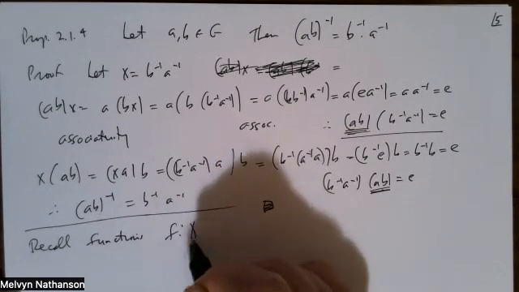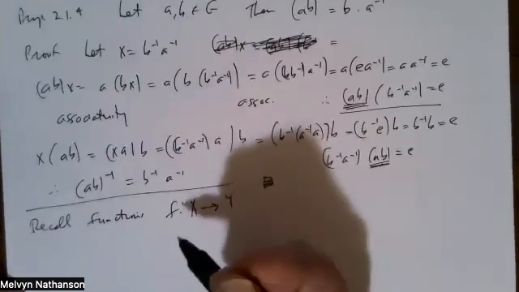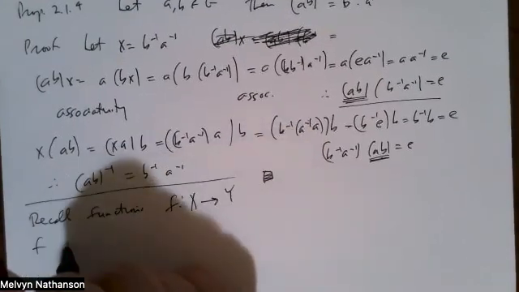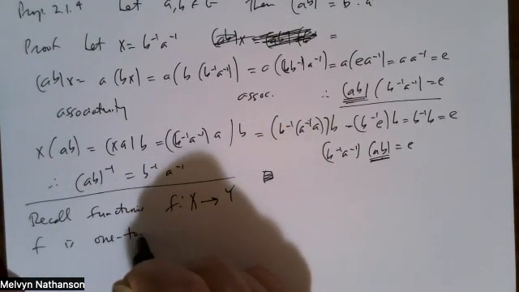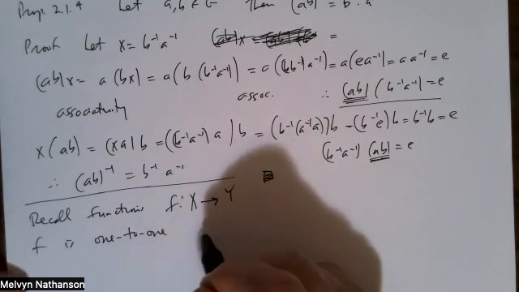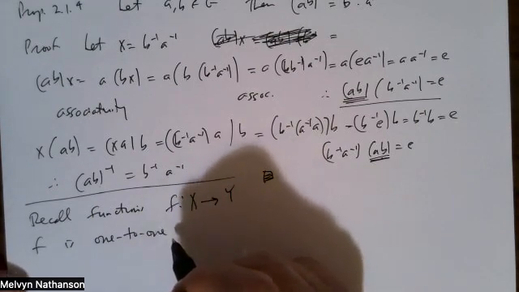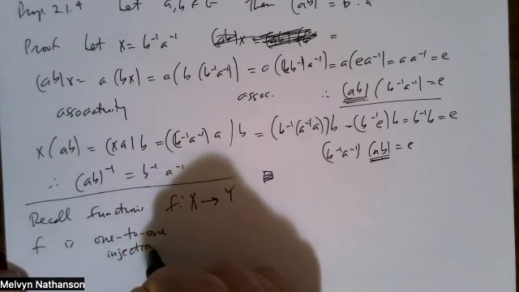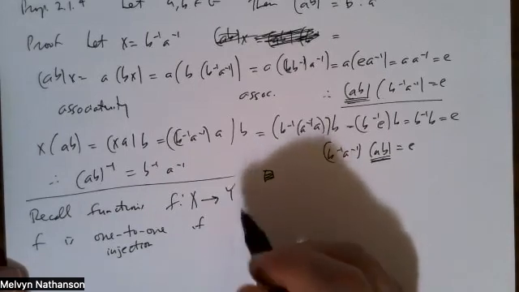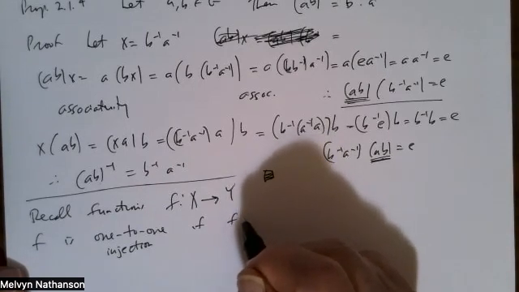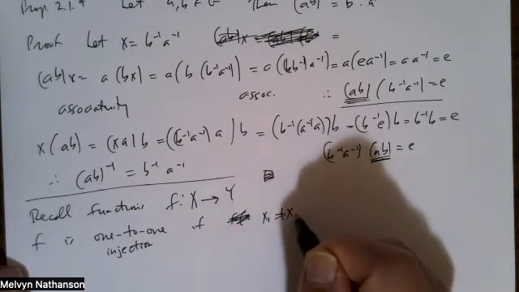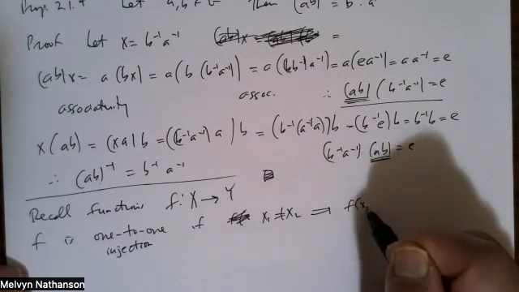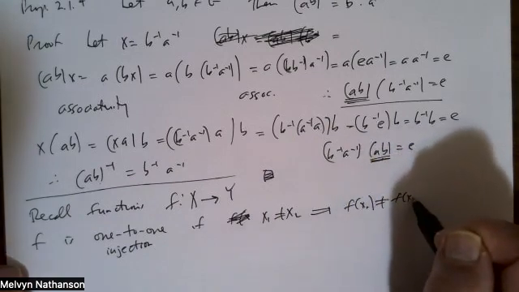Suppose you have a function f from a set X to a set Y. We say f is one-to-one, or we also call this an injection or injective, if whenever x1 is different from x2, it implies f of x1 is different from f of x2.